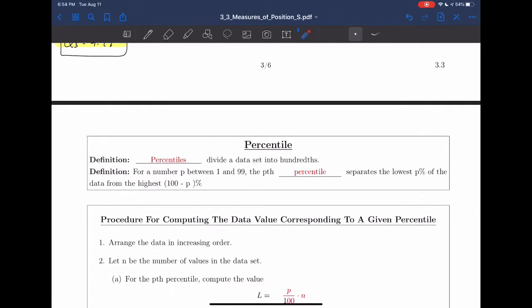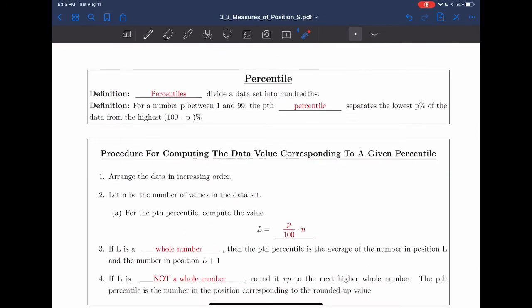So when people talk about SAT scores, if you're within the 30th percentile, that means you beat 30% of the competition, or you've done better than 30% of the people who took the SATs. So that's what people talk about.